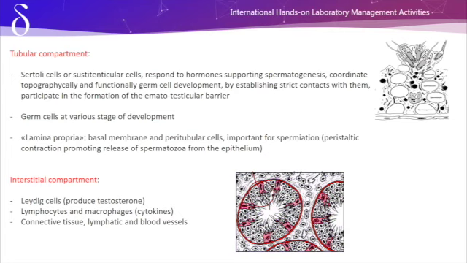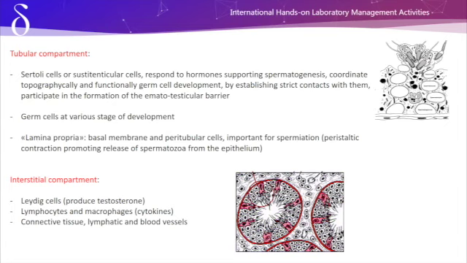And the aim of the Sertoli cell is to support spermatogenesis. They are also known as the nutritional cells and sustentacular cells, and are cells that support the development of germ cells until they become spermatozoa.